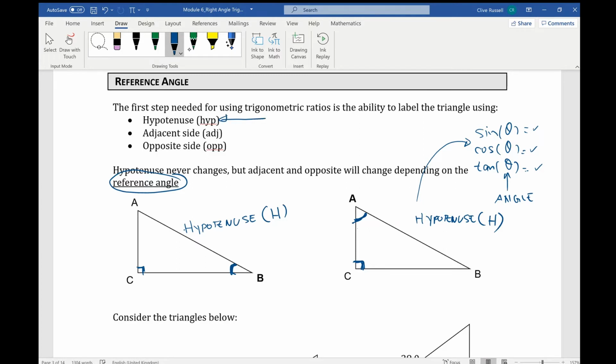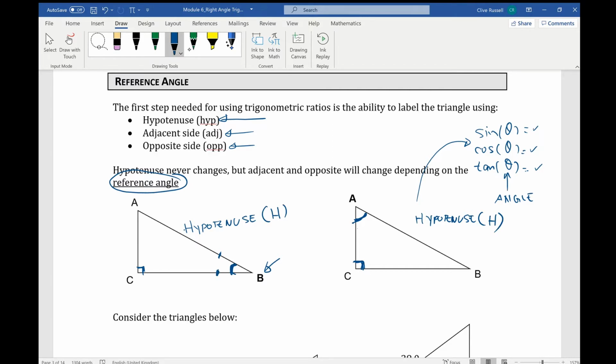Now what about the adjacent and the opposite? Now that will vary depending on the reference angle. Well, let's see. So if B, let's talk about case B. If B is our reference angle, then B is made up of this side and that side. So, not these two sides.